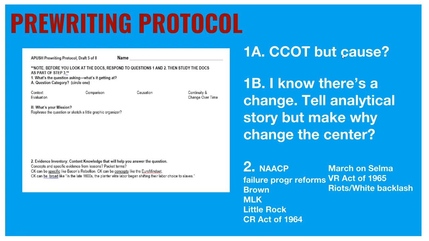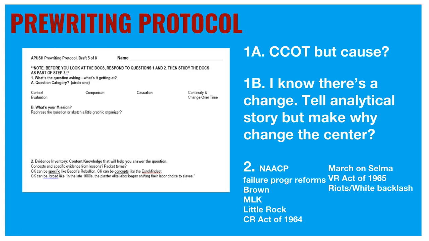They say that even if it's a continuity and change over time question, in this case it'd be change over time, they want and expect you to explain why things are changing. They don't just want you to chronicle the changes. That's nice, but if you're in the realm of analysis, you're going to be explaining why these changes are happening.